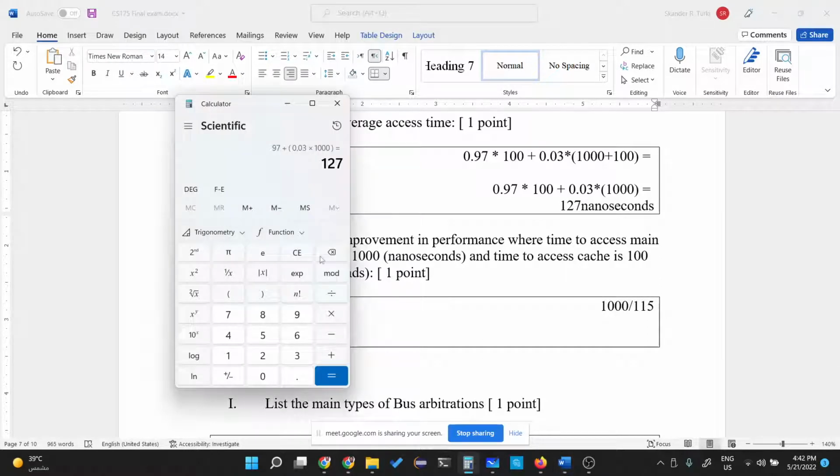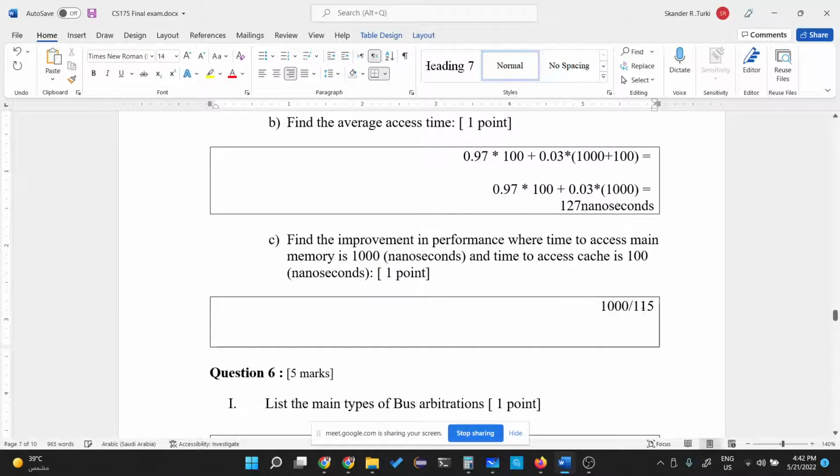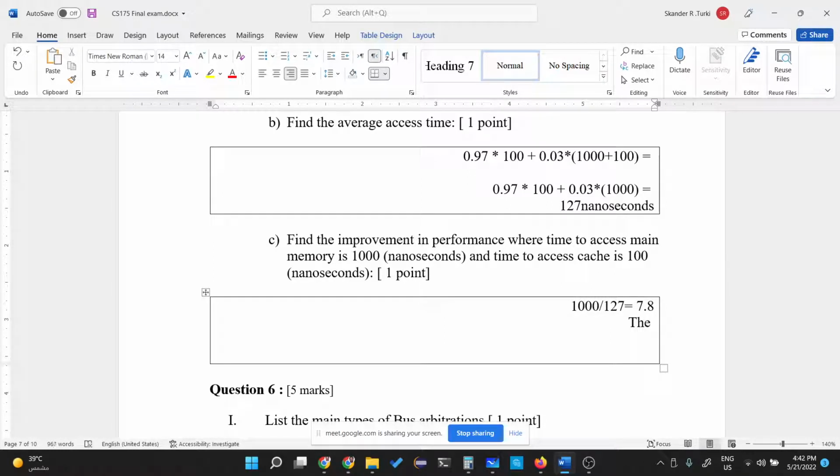So if you divide 1000 by 127, you find 7.8. So here we found this means that the processing or the access is 7 times faster with cache.